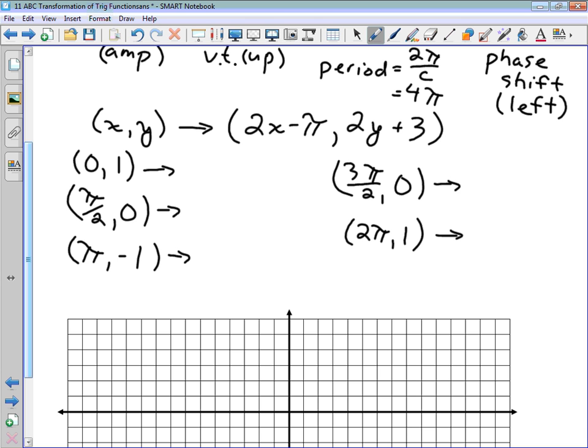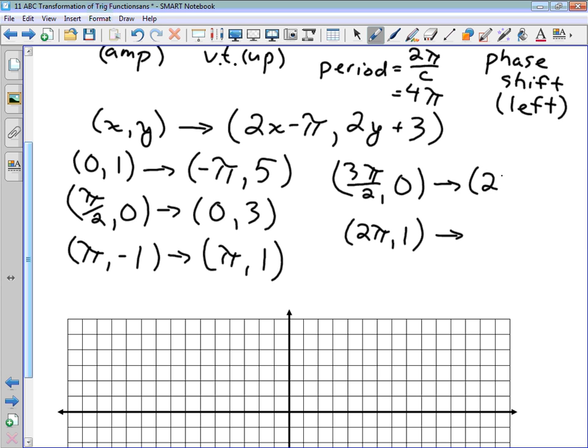So if we sub in x equals 0, we are going to get minus pi. If we sub in y equals 1, we get 5. Our next point is going to be (0, 3), then (pi, 1). Let's see, 2 pi minus pi, right, pi. Our next point is going to be (2 pi, 3), and finally (3 pi, 5).